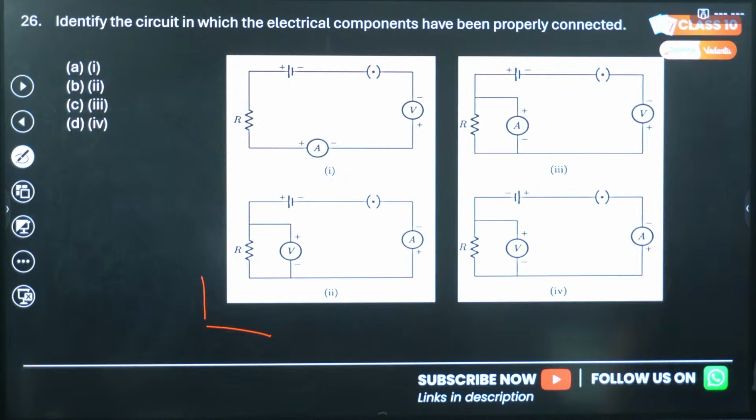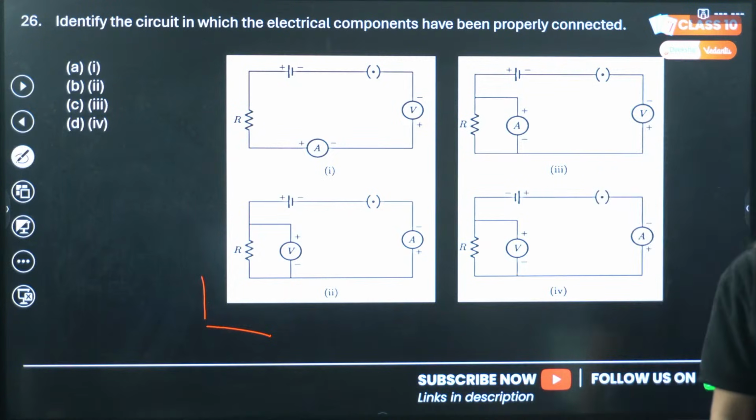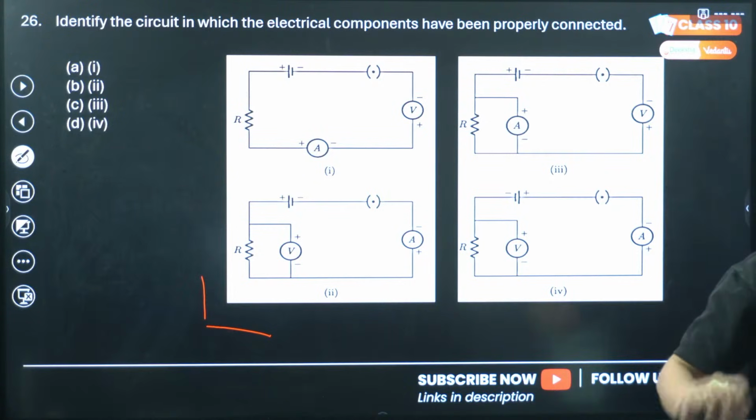Bindas is saying B. Rupesh is saying B. Ascent is saying B. Varmaji is saying 3.